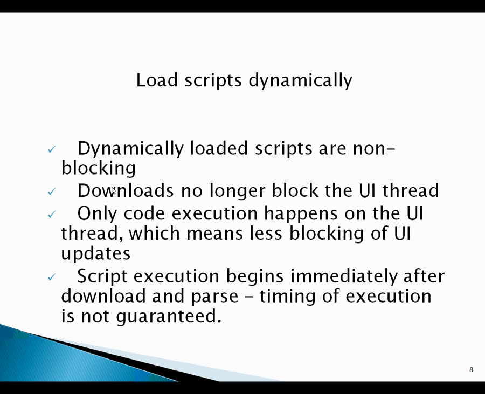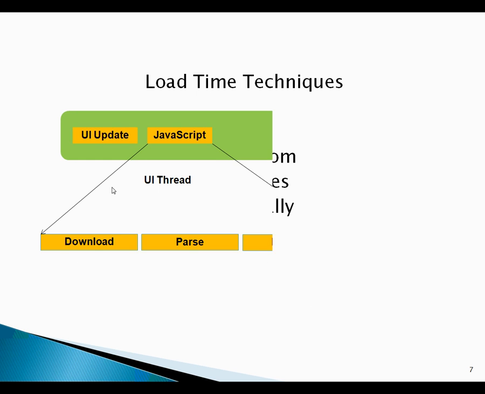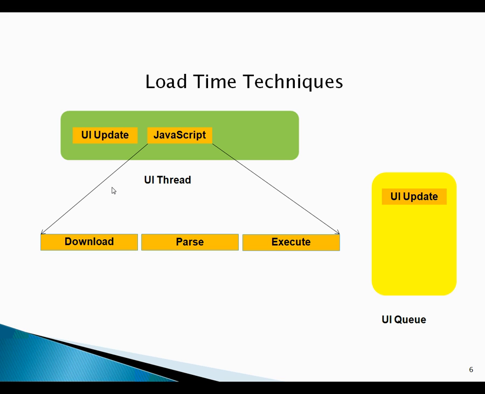So what is this in comparison with our earlier slide? Whenever we load a JavaScript file dynamically, after your first UI update, your JavaScript, which has three phases, download, parse and execute, has its download and parse happening on a separate thread. It does not happen on the UI thread. Once the downloading and parsing are completed, your execution happens on the UI thread.